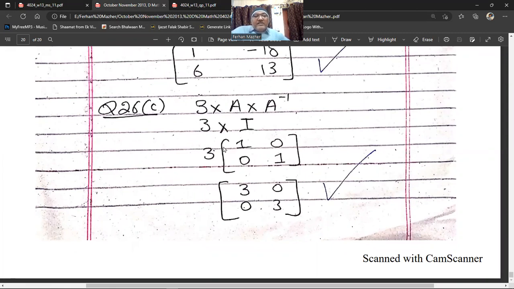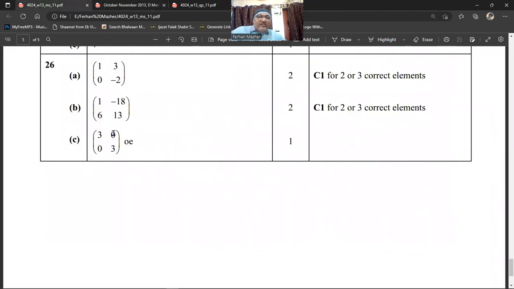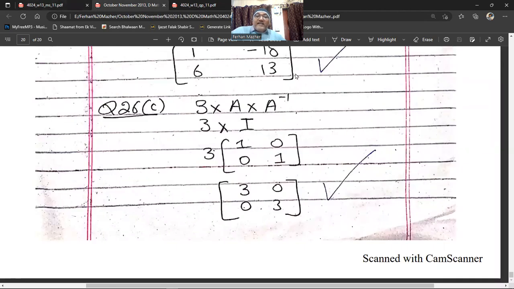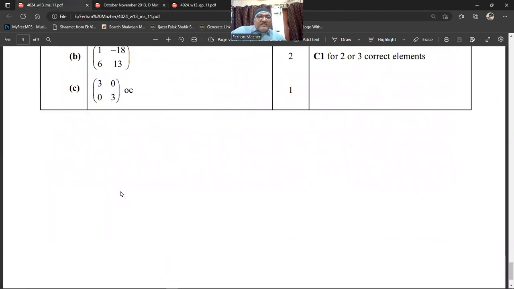So 3 will multiply with it, and you get 3, 0, 0, 3. Let's check. 3, 0, 0, 3. That's the answer. So our paper is finished.